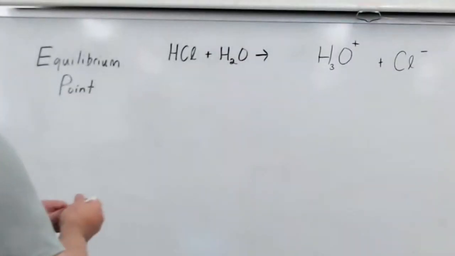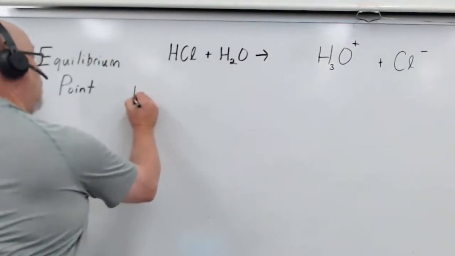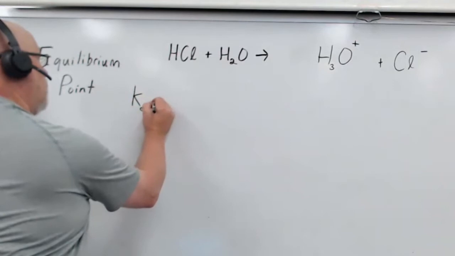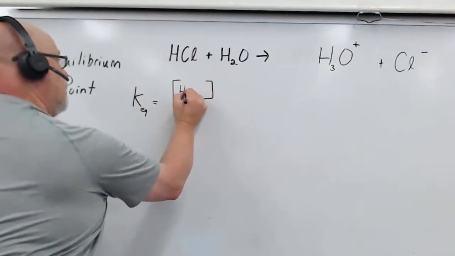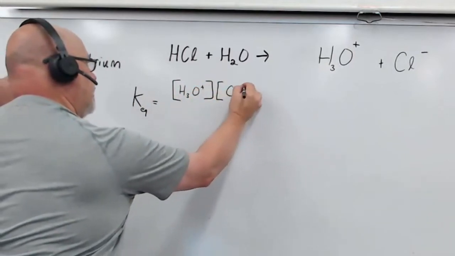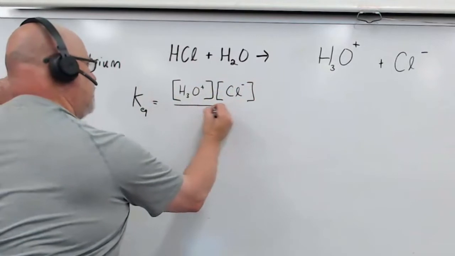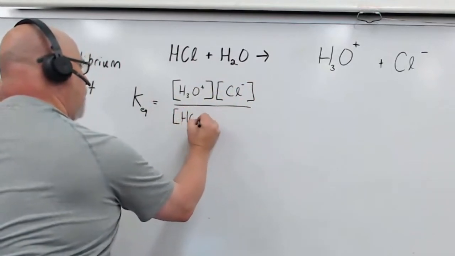Our general formula for a strong acid is as follows. Our equilibrium point, K sub EQ, equals the concentration of the reactants divided by the concentration of the products.